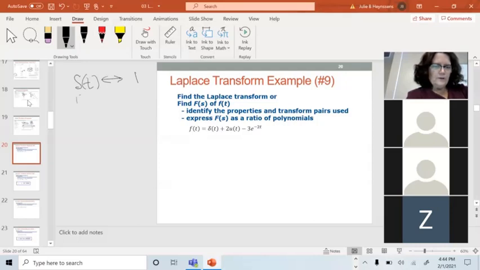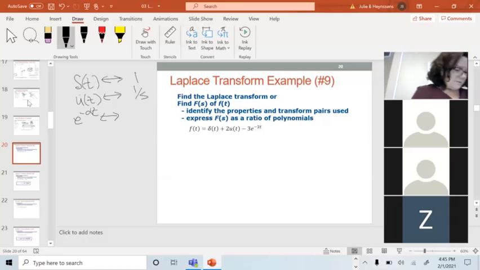And the Laplace transform of u of t, and I'm just looking these up off the table, which is in my key slides, is 1 over s. And the Laplace transform of e to the minus alpha t, which is what was in my book, it probably says a here. Yep. e to the minus alpha t is 1 over s plus alpha. There's a sign change there.